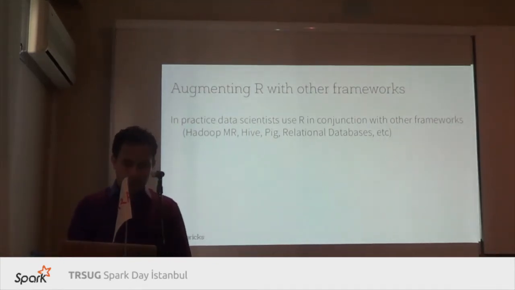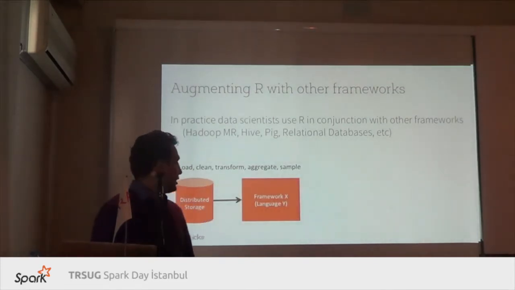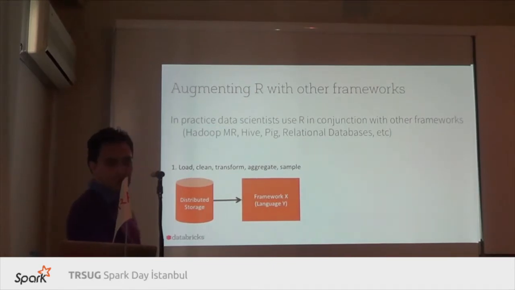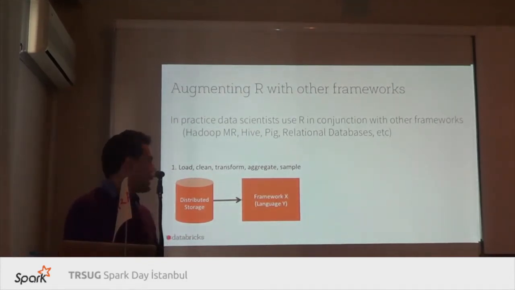So the workload looks something like this. There's distributed data, and then they use some framework to query the data, read distributed data, then load it, clean it, transform it, and then once it's kind of ready, they do some aggregation or some sampling on their big data to make it smaller.